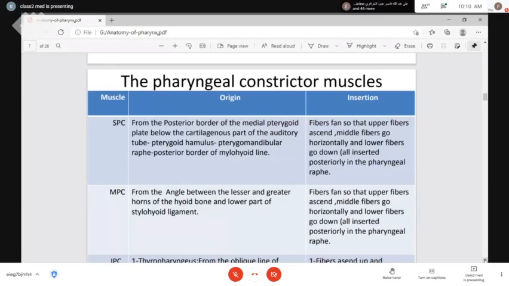These two muscles, superior and middle pharyngeal constrictor muscles, insert their fibers as a fan. The upper fibers ascend upward, middle fibers go horizontally, and lower fibers go downward, all inserted into the posterior pharyngeal raphe.